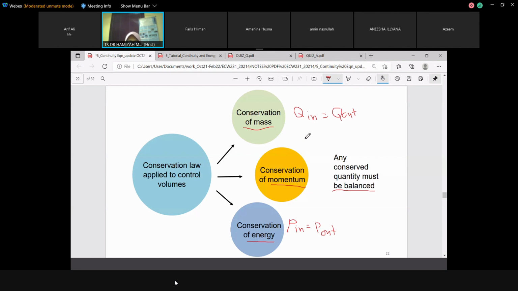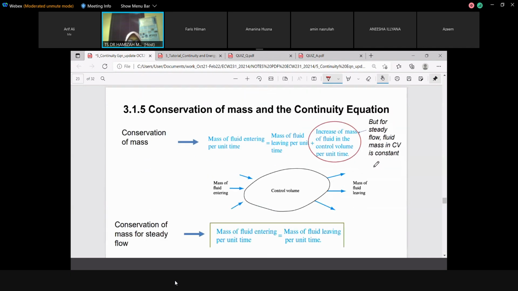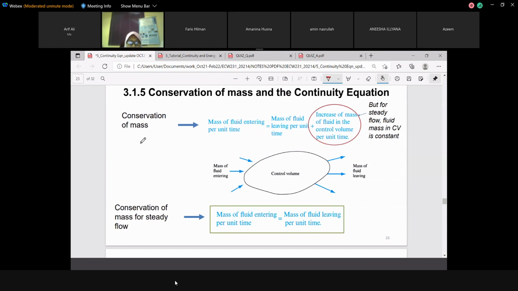So here momentum in equals to momentum out. So any conserved quantity, either mass, discharge, momentum, energy, must be always balanced. Okay, so kat sini dia dah explain again. Mass in is equals to mass out.